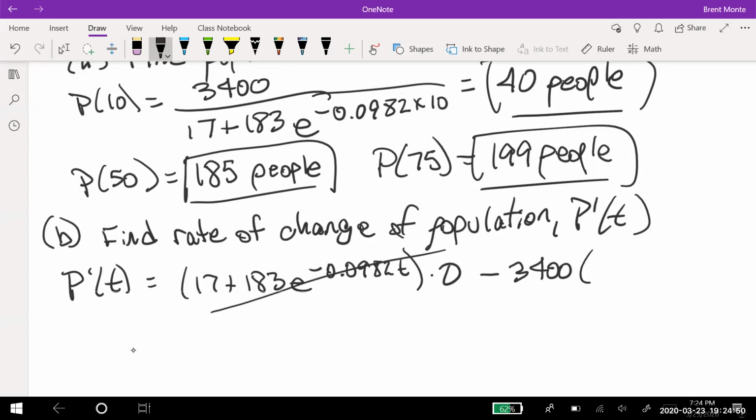D low. Well, when I take the derivative of the bottom, the 17 goes to 0. Plus 183.